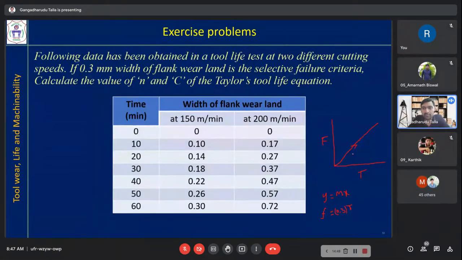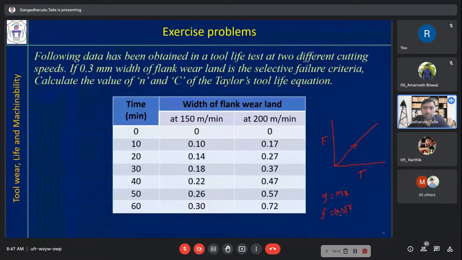Delta y by delta x, that's it. So this is 0.1. How much is this? 0.01 divided by 10, isn't it?